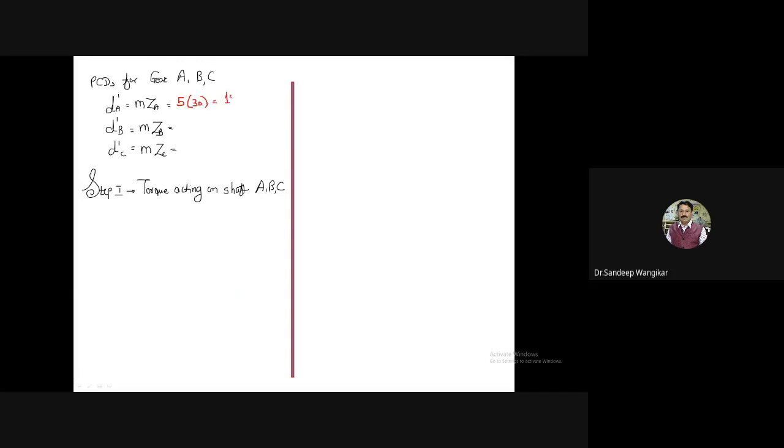So easily I can say 150 millimeters. Then module is given 5 and ZB here 60, so it will be 300 millimeters. And in the last case, module is 5, number of teeth 40. You will get here 200 millimeters. So these are the prerequisite data.